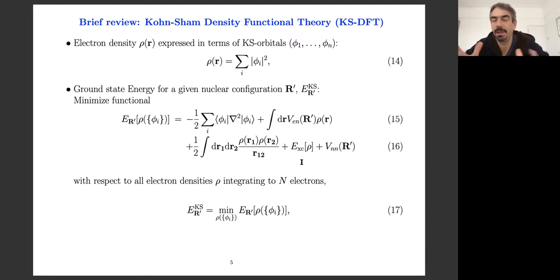And so the exact expression of this exchange correlation functional is unknown and has kept maybe two or three generations of theoretical chemists busy to find suitable expressions for that. So this is where all the approximations are coming from, and this is why you have hundreds of functionals in the literature.